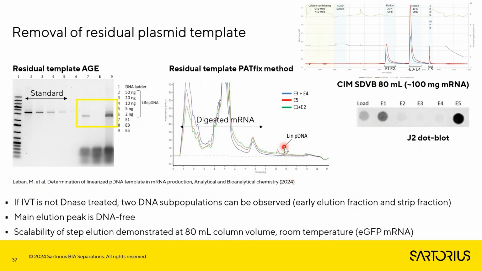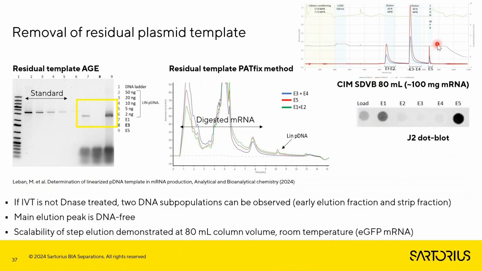It's a PATfix method that monitors the linear DNA impurity in our RNA product. And what we were able to show very convincingly is that reverse phase chromatography is as good as DNase in removing residual DNA template. And we do this across scales.